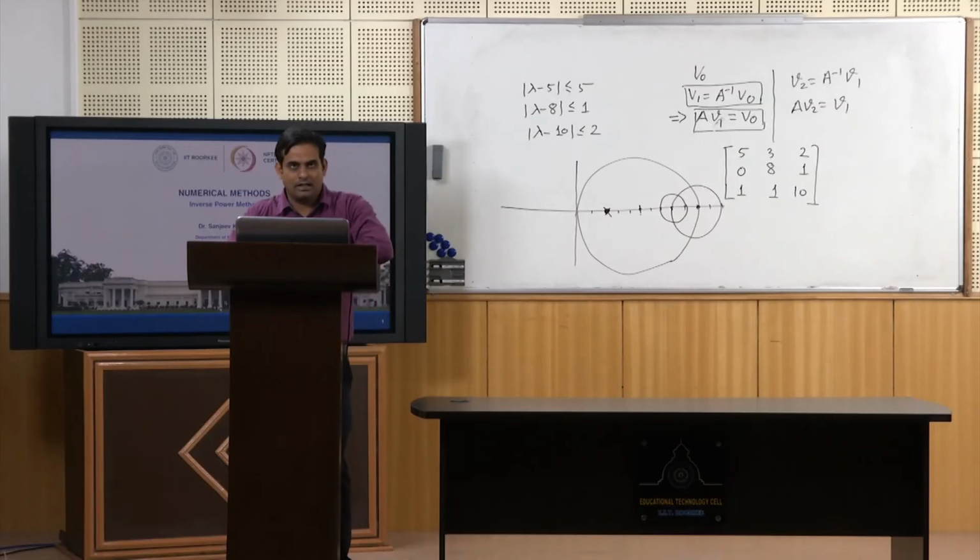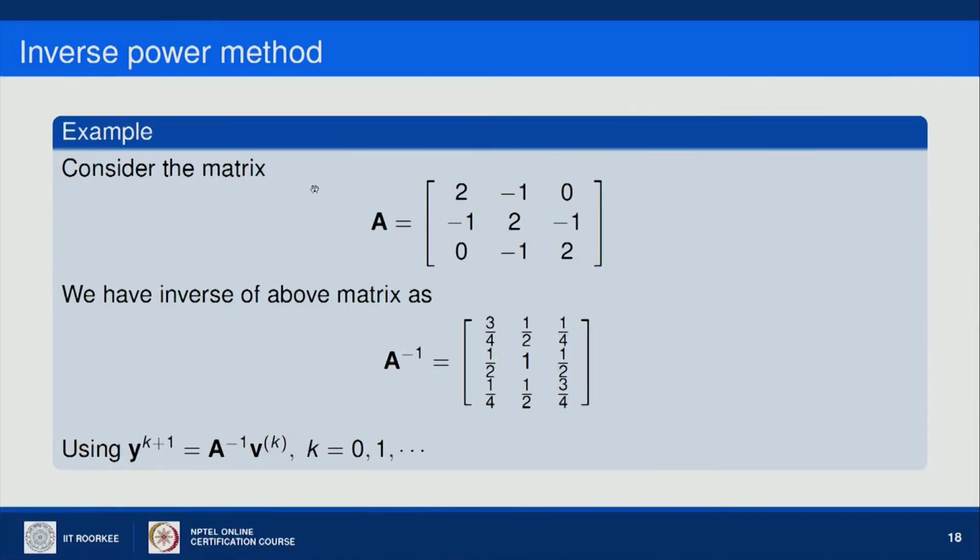So, let us take an example of this. We are taking this matrix. So, A is 2 minus 1 0, minus 1 2 minus 1, 0 minus 1 2. Here we are doing it by calculating A inverse, but we can do it without calculating A inverse also.